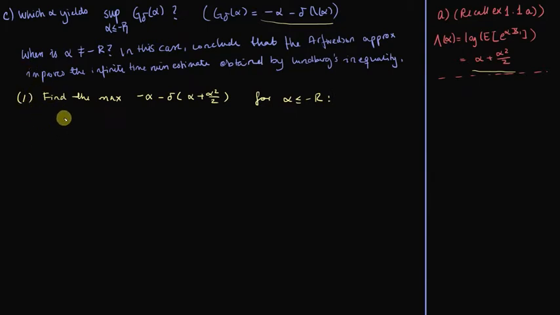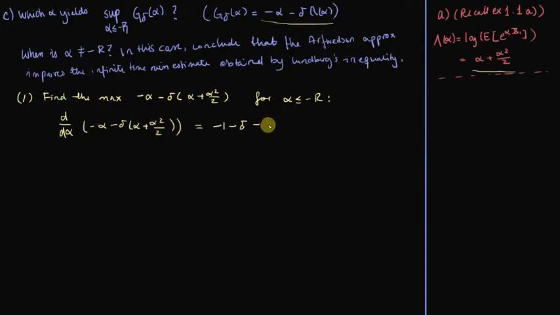So in order to do this, we calculate the derivative with respect to alpha. And that derivative is equal to minus 1 minus delta minus 2 multiplied by alpha divided by 2 multiplied by minus delta.